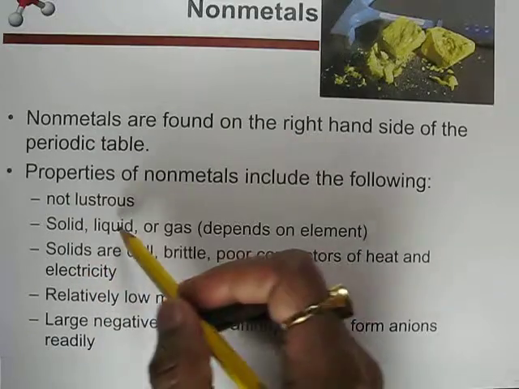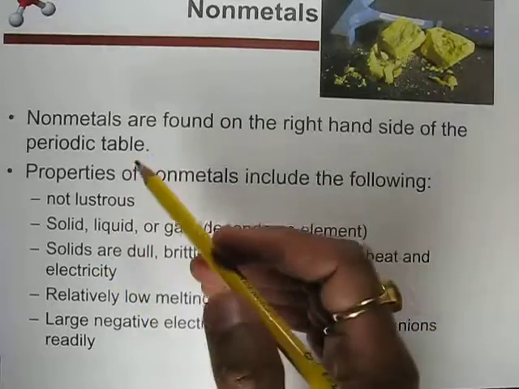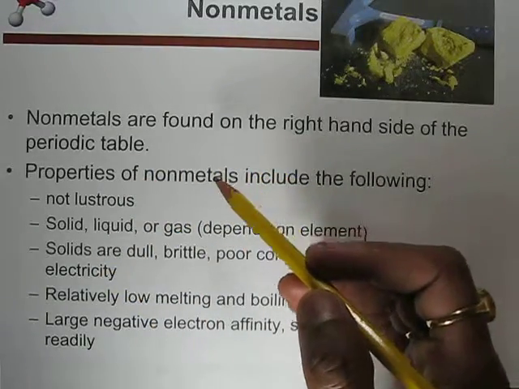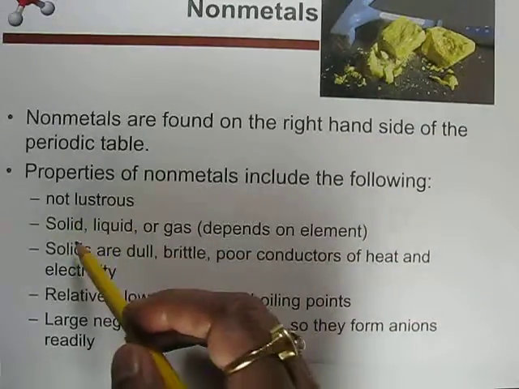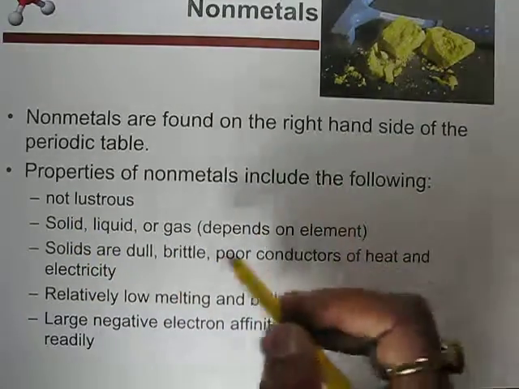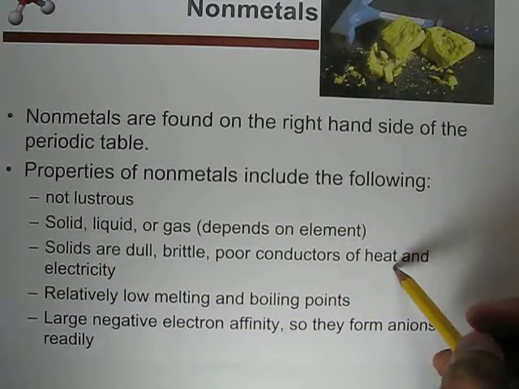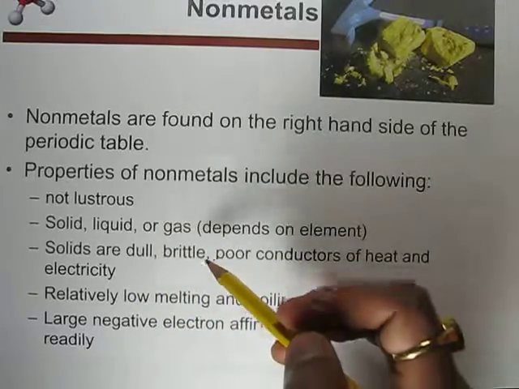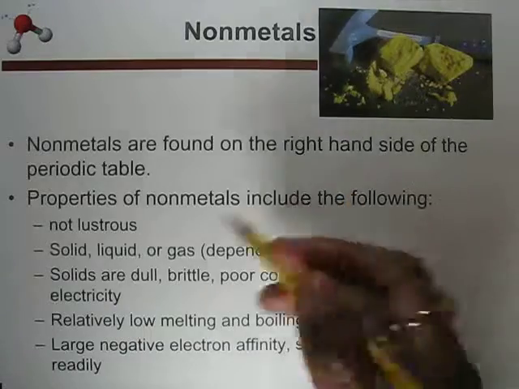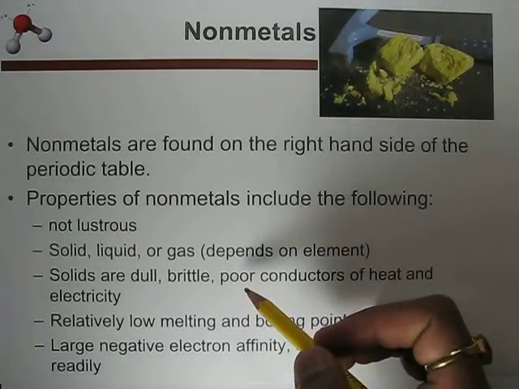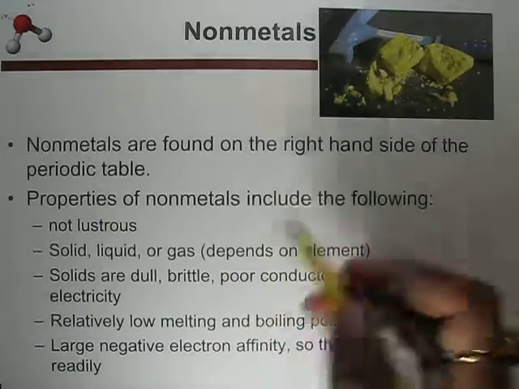They can be solid, liquid and gas depending on the element, but mostly they are solid, except mercury among the metals. Solid nonmetals are dull, brittle, and poor conductors of heat and electricity. Brittle means if you hammer them, they will become powder.